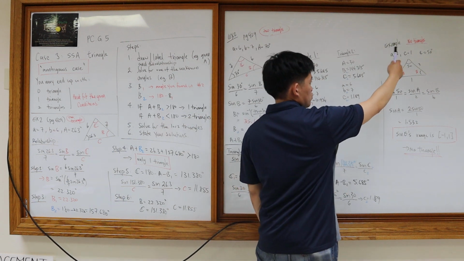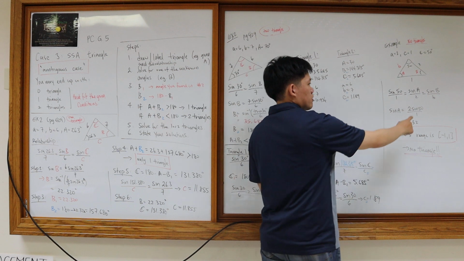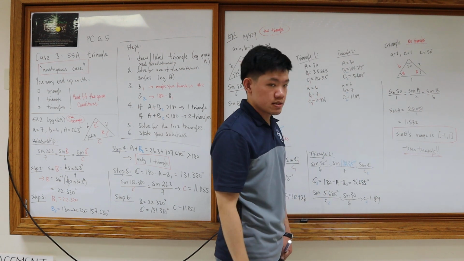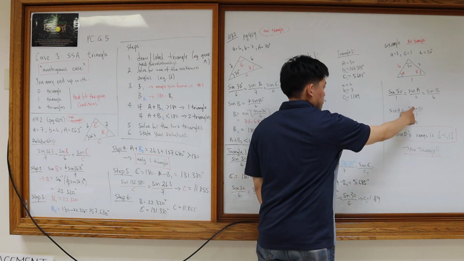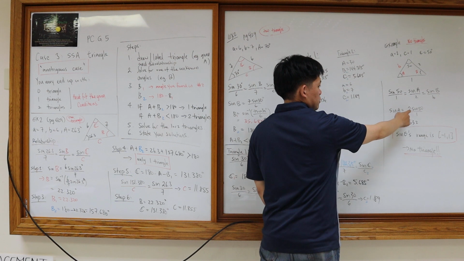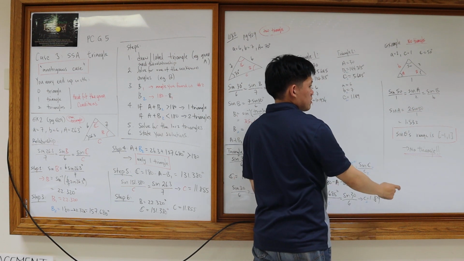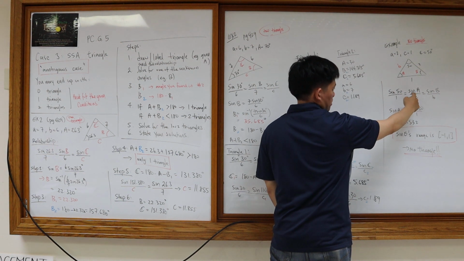Okay, so first step, draw up the triangle and state the relationship. In this case, the first thing we want to solve for is angle A, because that's the angle that we don't know, but we're given a side with information about the side. That means sine of A is equal to 2 sine of 50, because moving the 2 up, move the 1 up, and keep the 1 here.